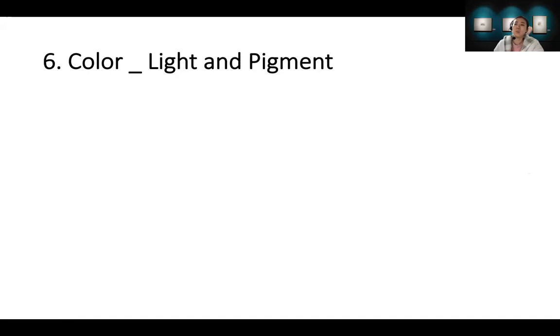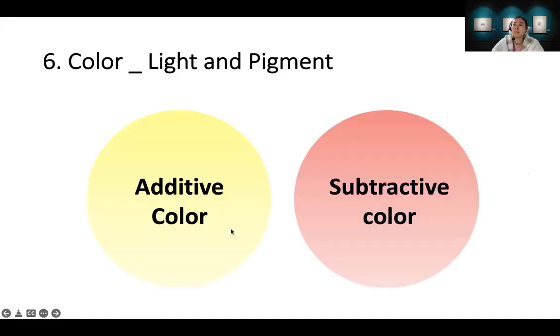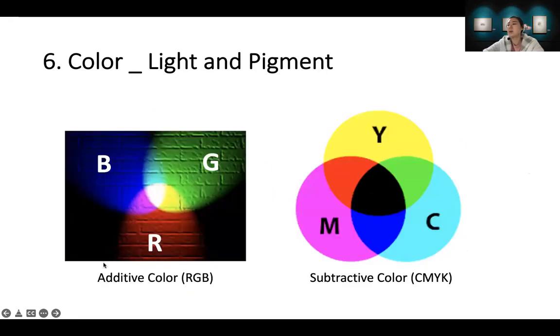There are two ways to see colors: by light, which is called additive color, and by pigment, which is called subtractive color. Additive color is called RGB color, and subtractive color is called CMYK color.